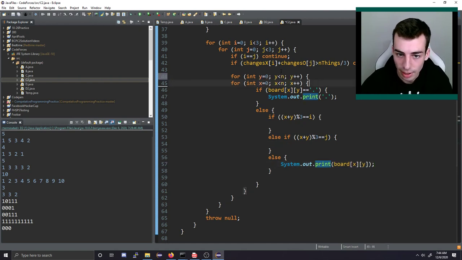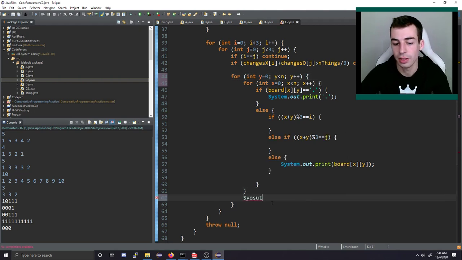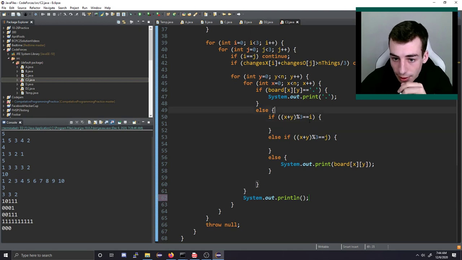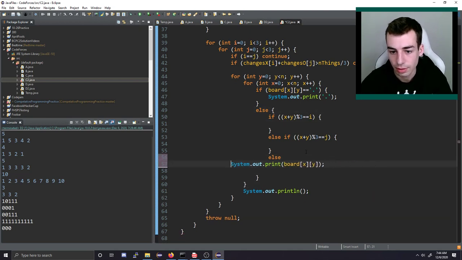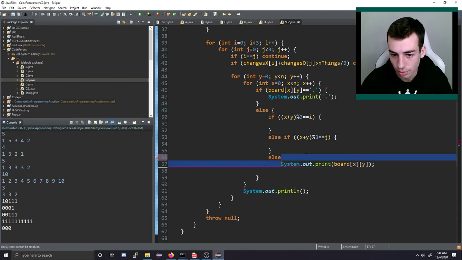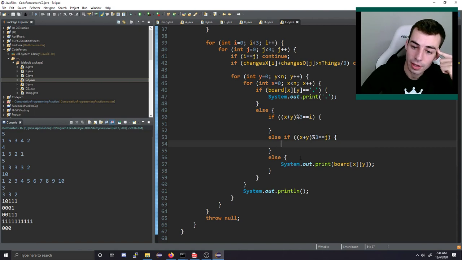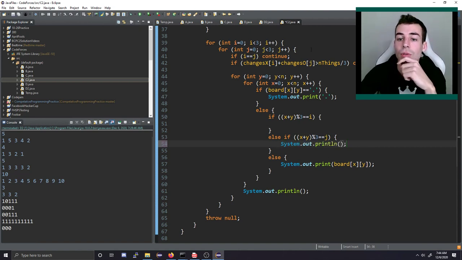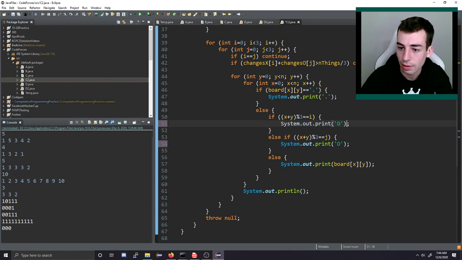This needs to be y, x. And then we need a new line here. Yeah, okay. Can clean this up a bit. Well, no. It's not. Okay, so then this is j, I'm making O's, and this would be X's then.